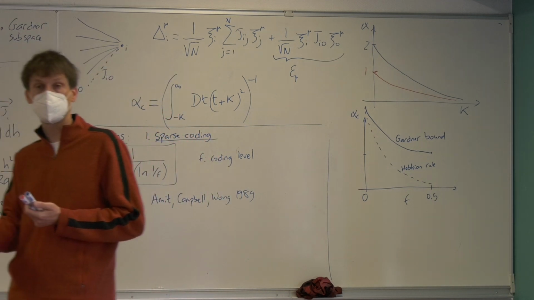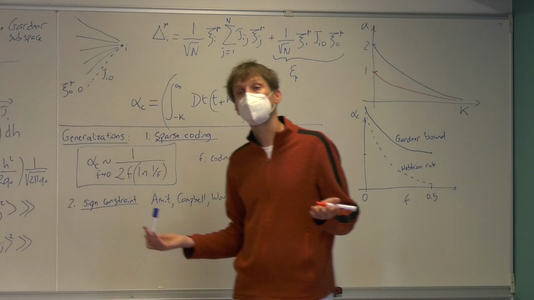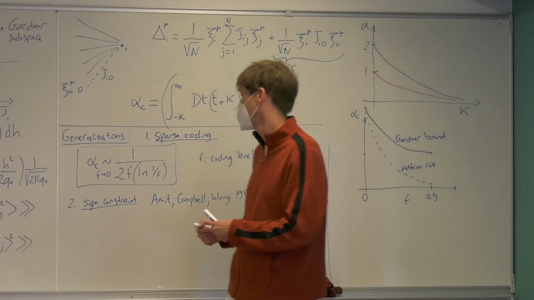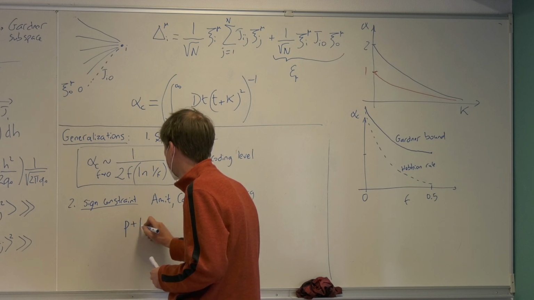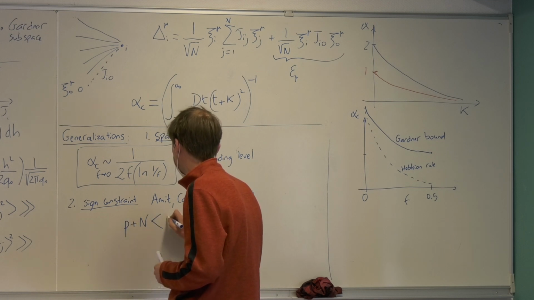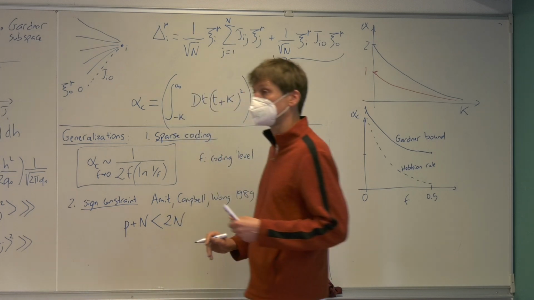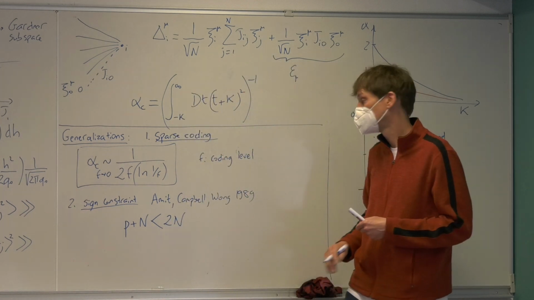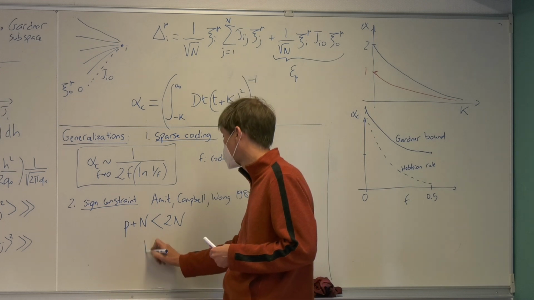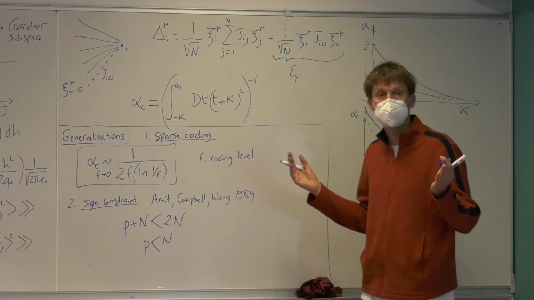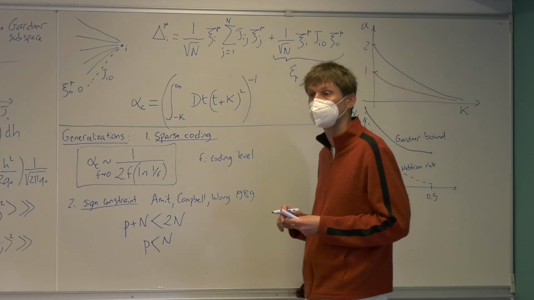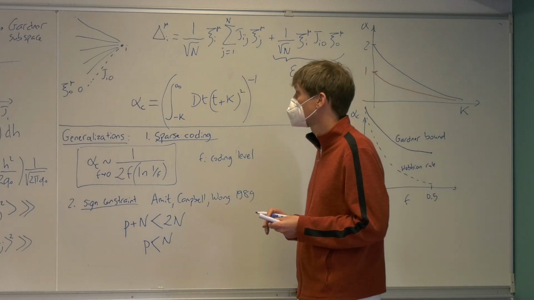So you have p constraints, which come from the patterns, and you have these n sign constraints. And so the idea is that now you have that p plus n should be smaller than 2n, okay? And so that means p is smaller than n. Right, so that's a very simple way of thinking about it.